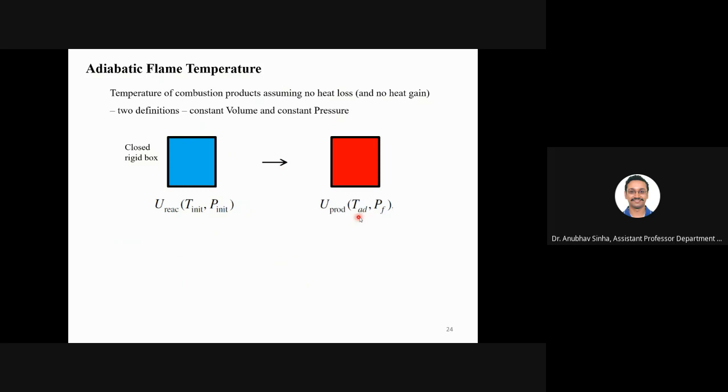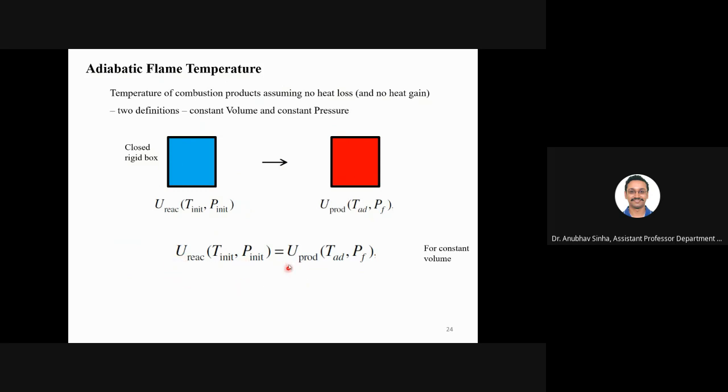This temperature will be called the adiabatic temperature, because we assume there is no heat loss to the surroundings. So is this constant volume or constant pressure? Constant volume. This is how we define adiabatic flame temperature at constant volume.